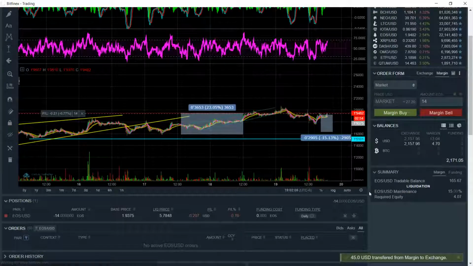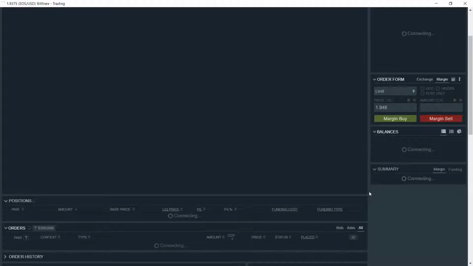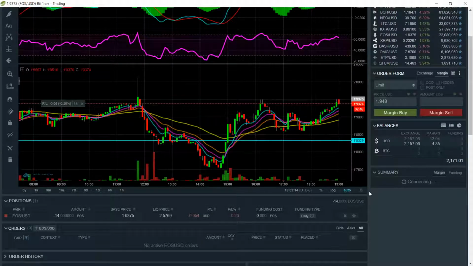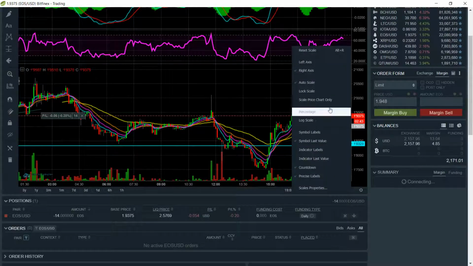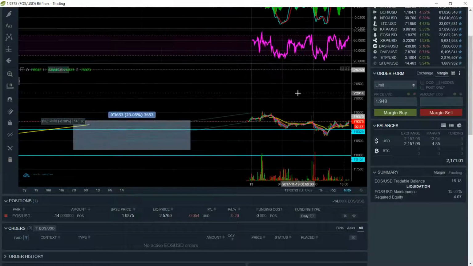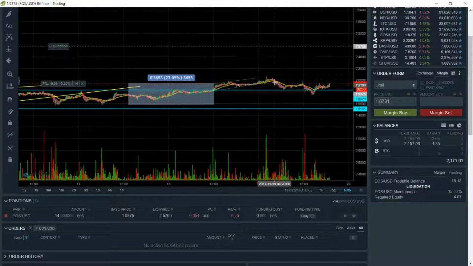Now remember when we were going long in a leveraged long position, guys, we had that thing called liquidation, right? If the price went down to the liquidation price, you're screwed and your position is automatically closed. But because you're betting against the market, guys, the same concept also applies. Look right here. If in a long position it actually goes down and hits your liquidation price, then your position automatically closes.